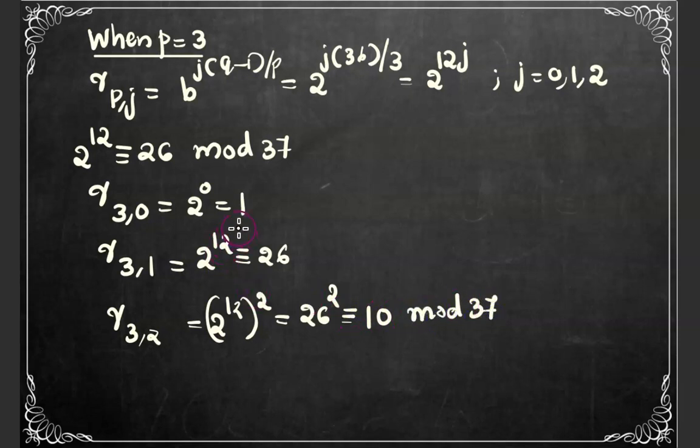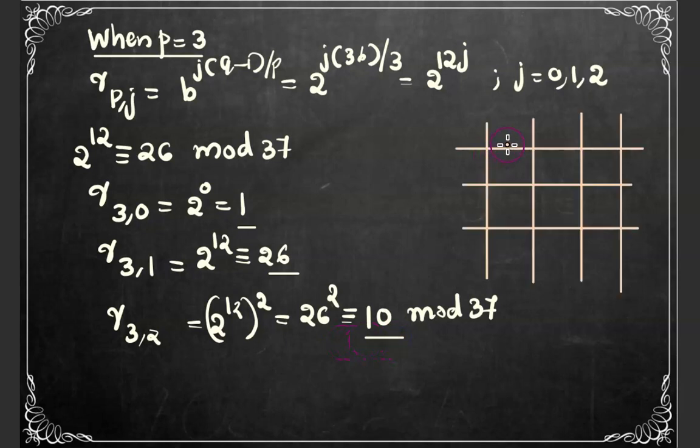So r_30 is 1, r_31 is 26 and r_32 is 10. Thus our table of r_pj is ready. When p is equal to 2, r_20 is 1, r_21 is minus 1. And we have obtained r_30 as 1, r_31 as 26 and r_32 as 10. This is the table of all r_pj.